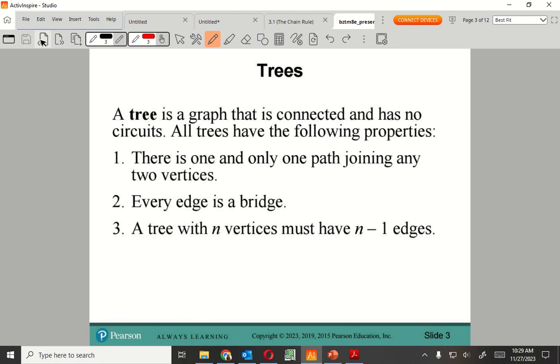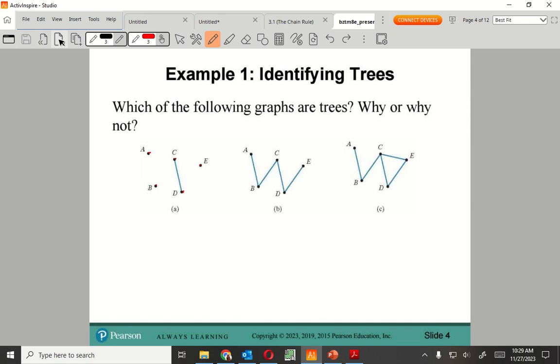So if n is the number of vertices, how many vertices did I count up? I have 5 vertices. So how many edges should I have there? Nope, 4. N minus 1. So there should be 4 edges. But how many edges do I have? I only have 1 edge. So therefore, this one is not going to be a tree because it does not have enough edges. Does that make sense? Okay.